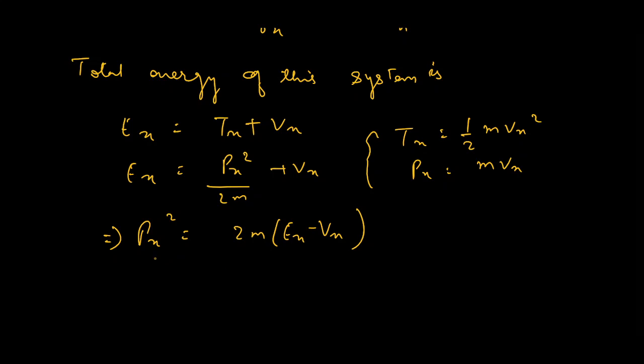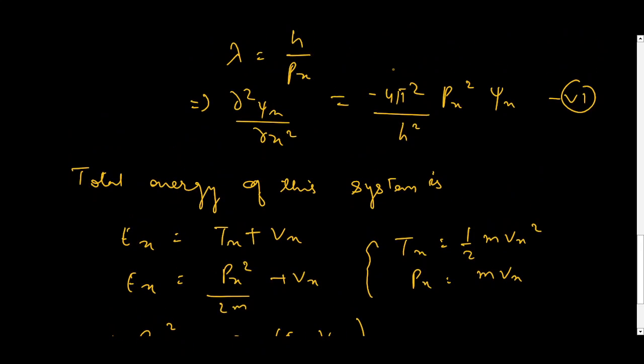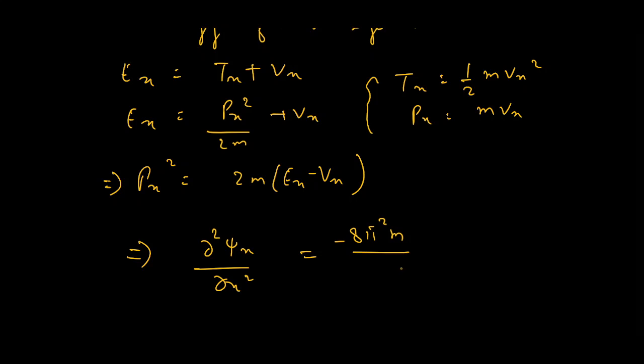Now substituting this value of Px square in equation 6, we get dou square xi x upon dou x square is equal to minus of 8 pi square m upon h square into Ex minus Vx into xi x.